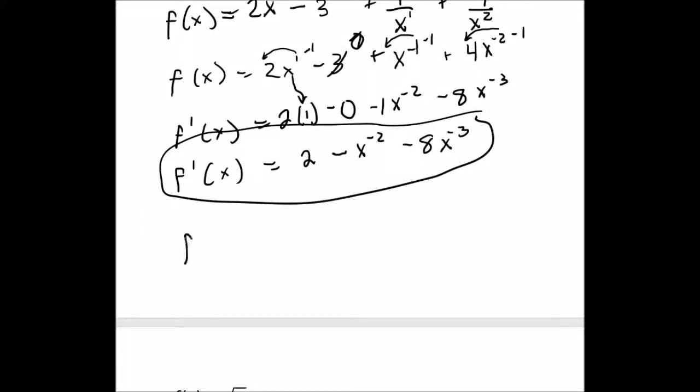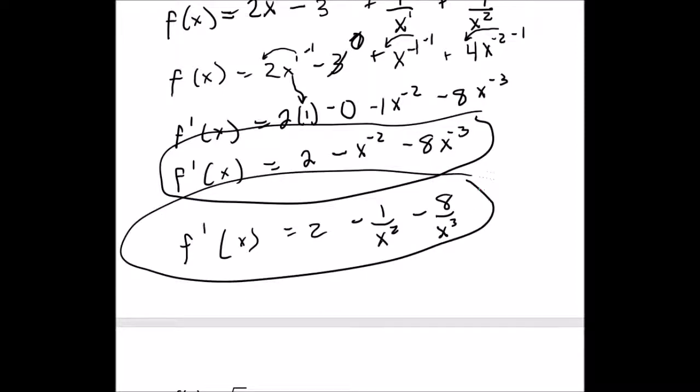There's no need, but if you're crazy and you want to, you can rewrite this where the x's are back down at the bottom. The 8 stays at the top, but the x goes to the bottom. That negative power brings it to the bottom. So either of these two ways is the correct way of writing the derivative for that problem.